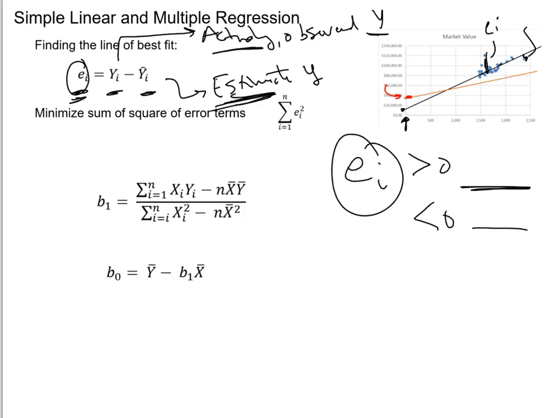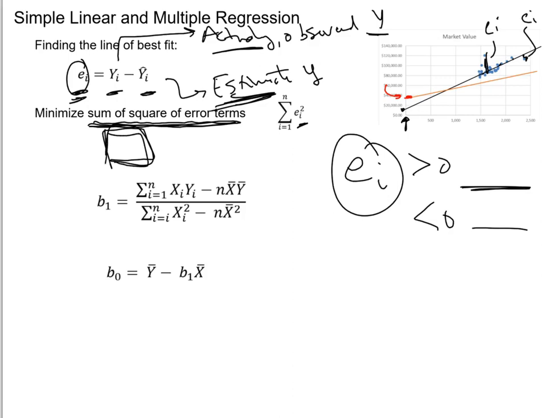If I calculated the error for the line in black for each of the points, and then I took all of those errors and squared them and added them all up, I would get a number. And that number is what we call the sum of the squares of the error terms, the error sum of squares. For a line of best fit, it's the value from each of the points down to that line, that error squared. And if I total them all up, that's my sum of the error squared.